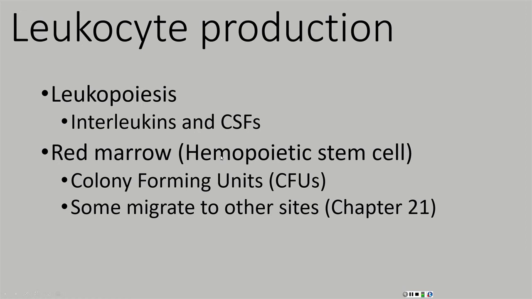Now, just like we saw with the erythrocytes, there's going to be a step-by-step, and we're going to look at something called colony-forming units. And once these leukocytes are made, they're actually not fully ready to go into circulation. Some of them will remain in the red bone marrow and finish up the process. Some of them are going to go to other places in your body to finish up the process. And we will look at what that really means when we get to chapter 21, immune system.